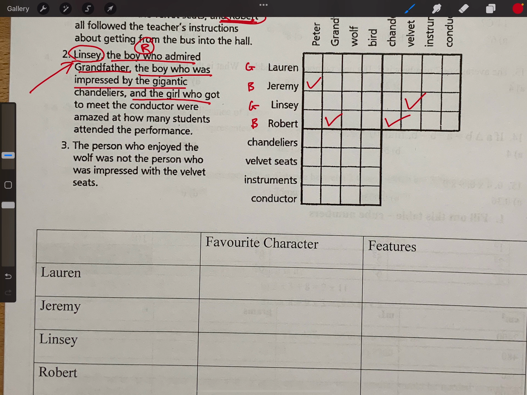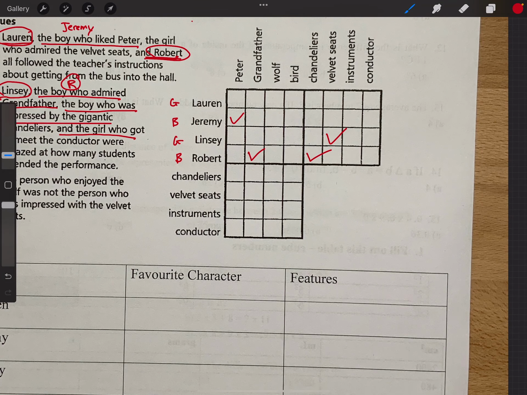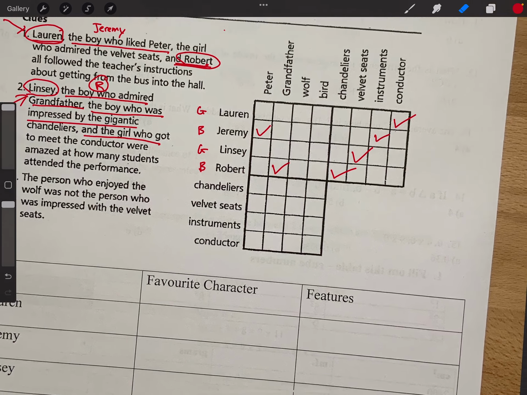So the last person who's a girl must be Lauren, and that must be the one who met the conductor. So that means, look at this, there's three of them here. 1, 2, 3. So the last one must be this one. Okay, you can just figure out that the last person, Jeremy, must be the one that noticed the instruments.